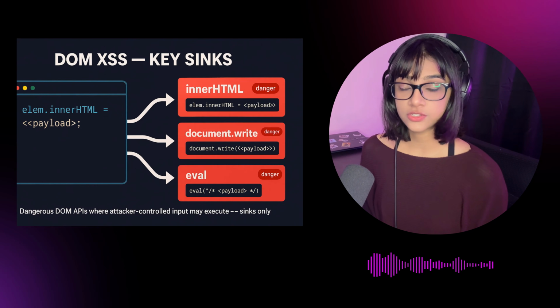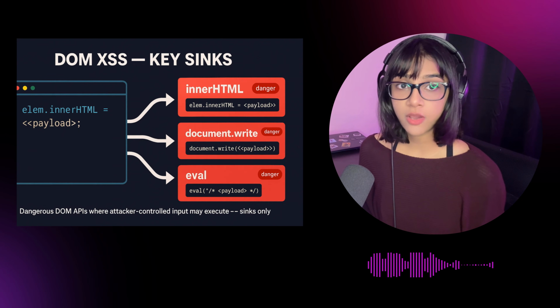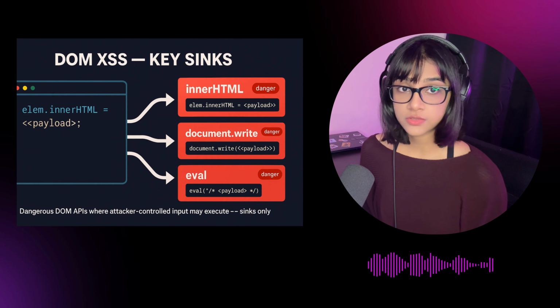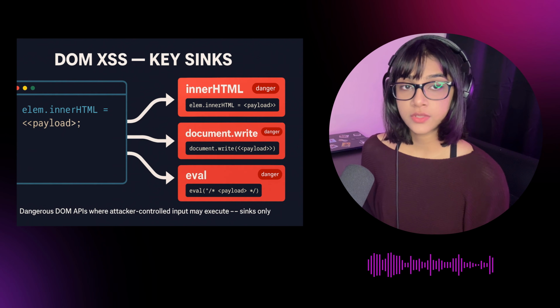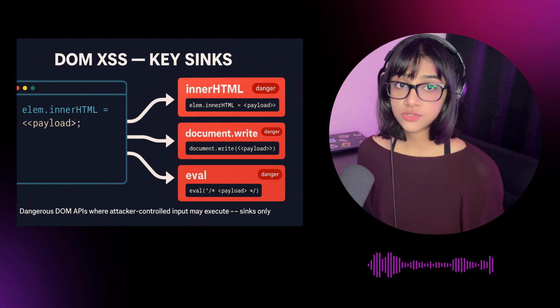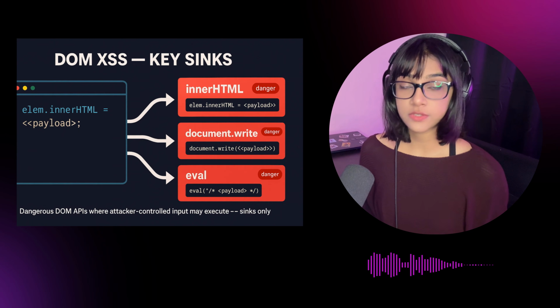A sink is similar to a function in programming languages, a function that takes parameters and performs an action on them. Similar to that, a sink is a JavaScript function that performs an action. So basically it does processing on the input that you provided, which is user controlled, aka attacker controlled, and comes from the source.